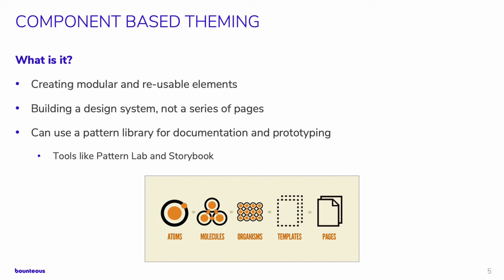So building a design system rather than a series of pages. So not taking a Photoshop mockup and making that particular page, but building all of the elements that would allow you to make a variety of pages and templates. And it can use a pattern library tool like Storybook or Pattern Lab for documentation and prototyping, but doesn't require that to take this approach.